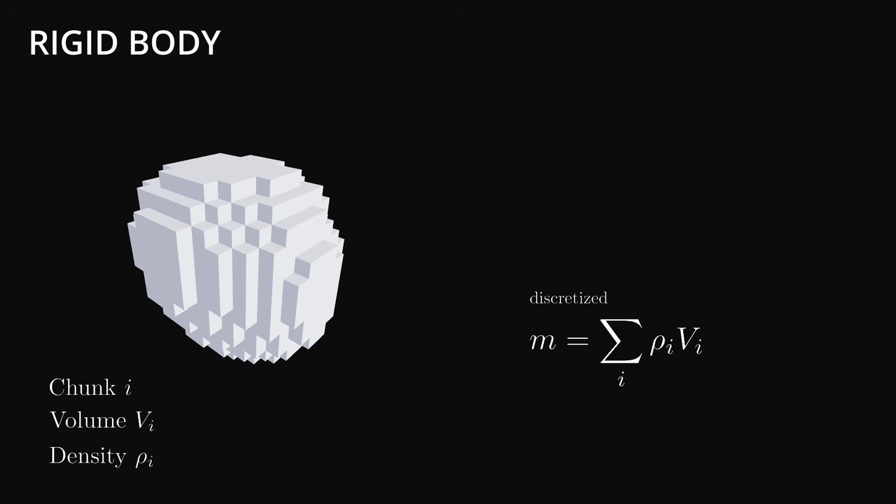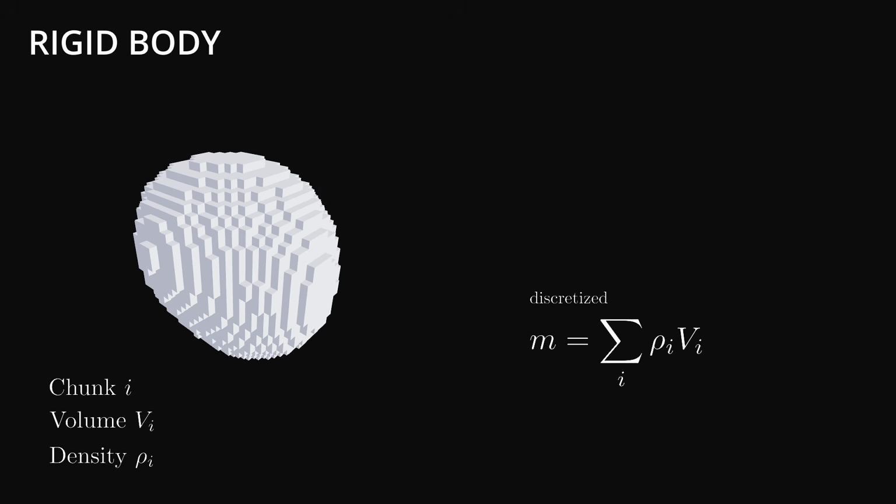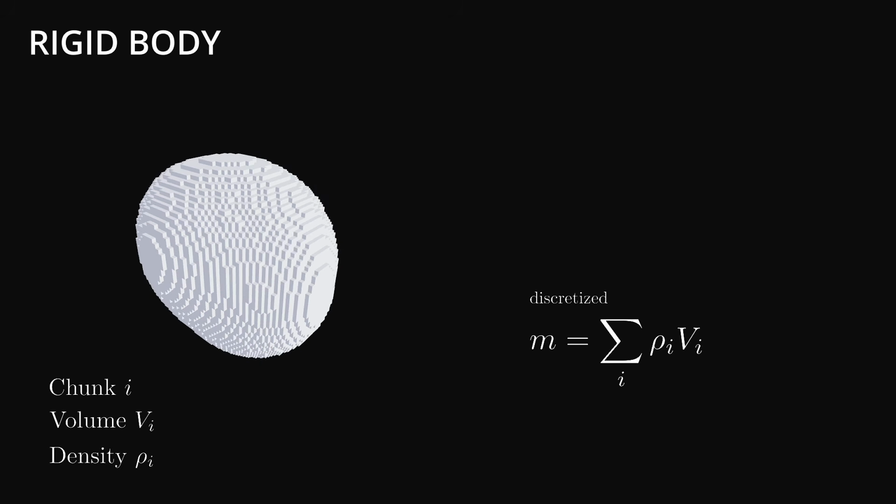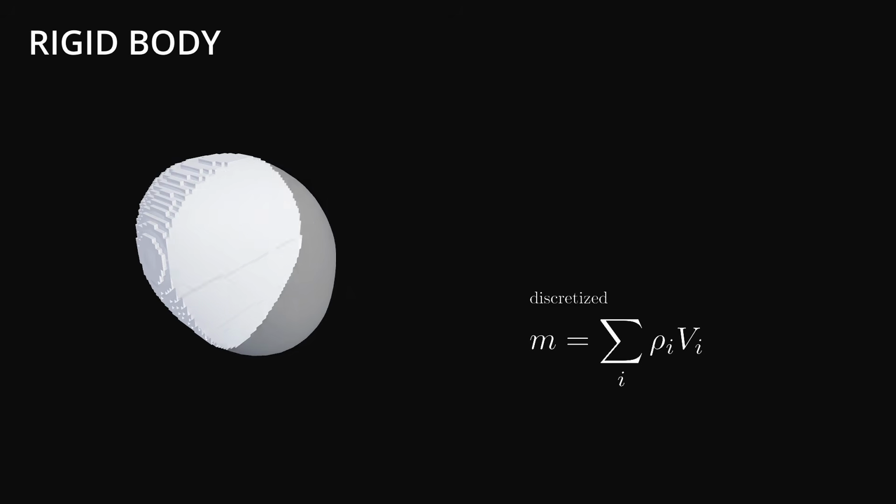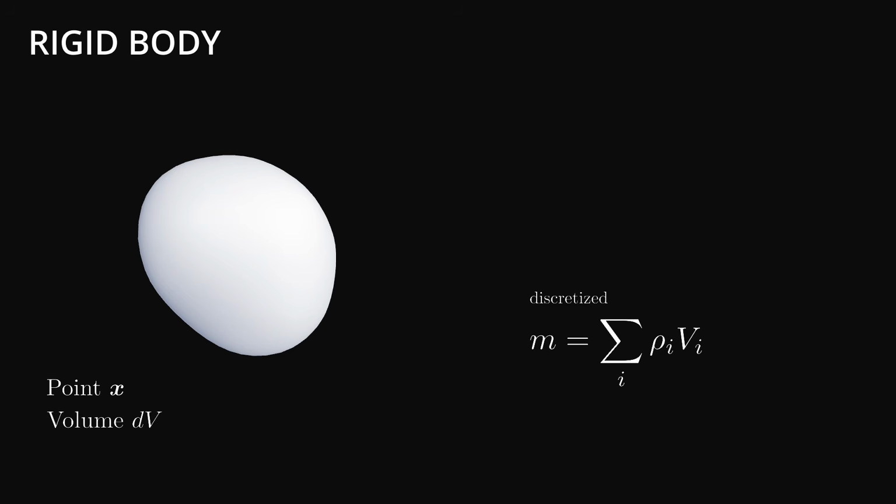To arrive at our actual continuous rigid body definition, we make these discrete chunks smaller and smaller, and eventually, with the power of math, we define an infinite number of them, each shrunken down to a different point x. Because of this definition, each point x still has an infinitesimal volume dv and a density ρ of x associated with it, just like the discrete chunks.